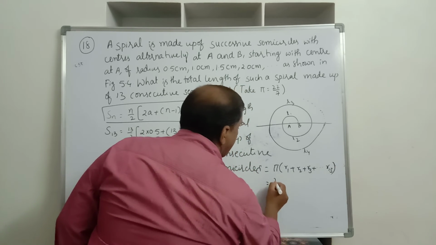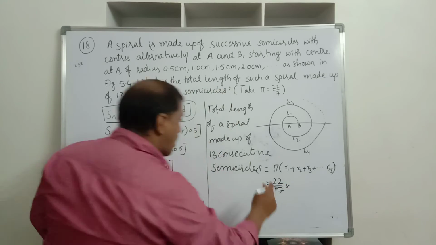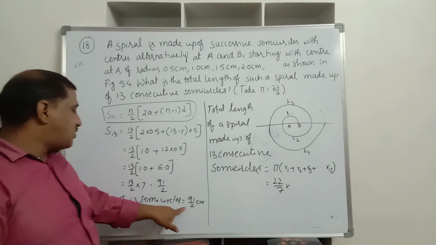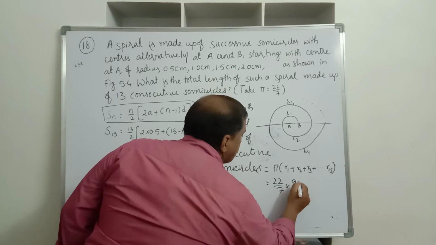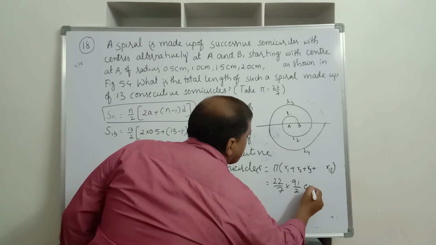That is pi, equal to 22 by 7, into R1 plus R2 plus R3 and so on, which we got as 91 by 2 centimeters.